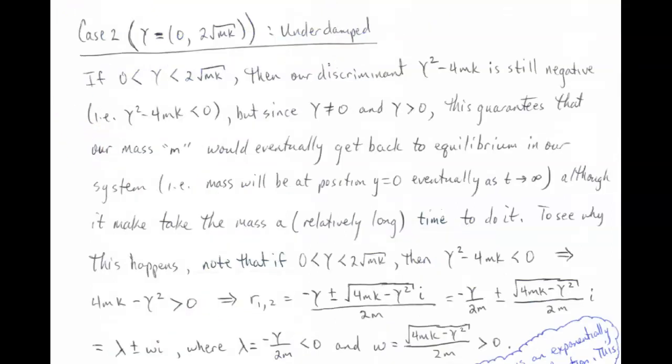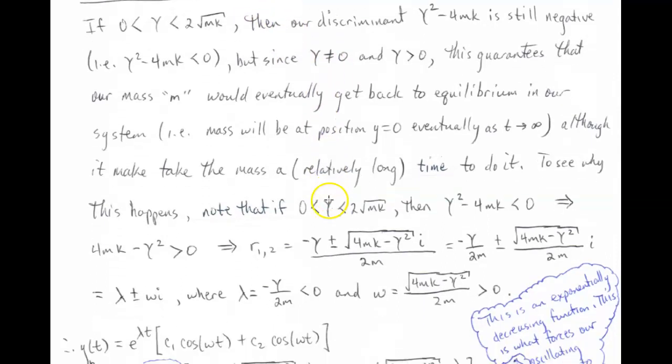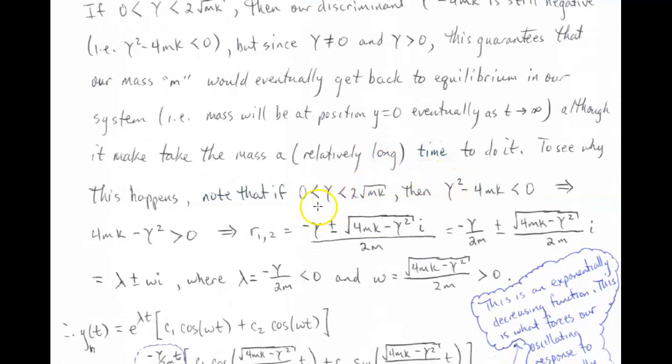So for case 2, we call this the underdamped case, where our value for gamma, or our dampening coefficient, is somewhere in between 0 and 2 times the square root of m times kappa. The main point here is that if gamma is in between these two values, then my discriminant that we talked about originally is still going to be negative.